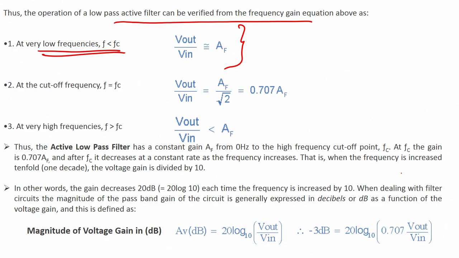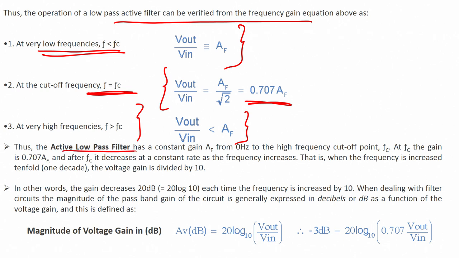At F equals FC, V out by V in would be AF by root 2 or 0.707 AF. At high frequency it will be less than AF. This is very simple, and you will find the same equations in a lot of books, correct.